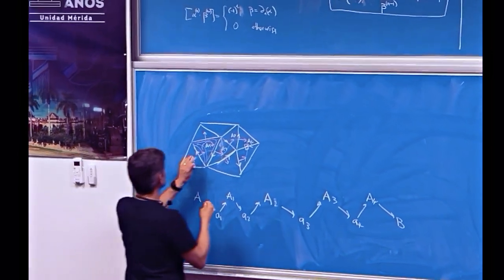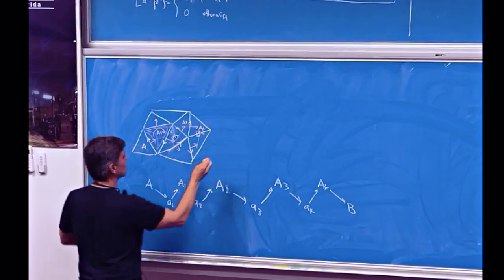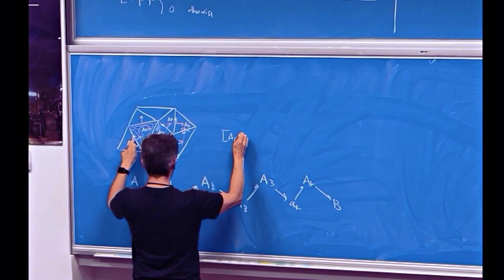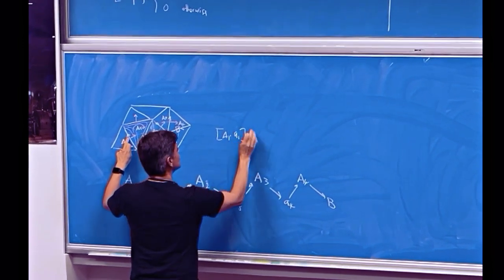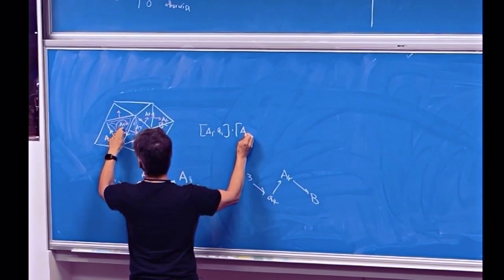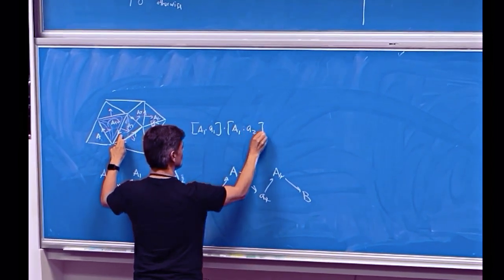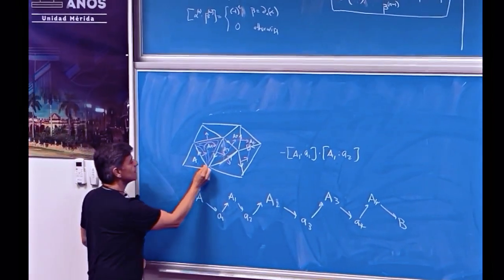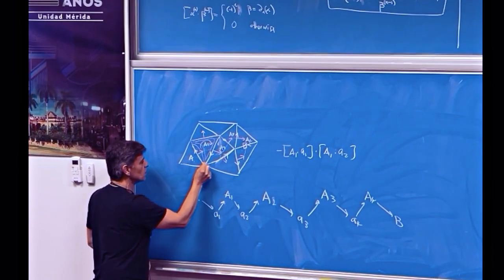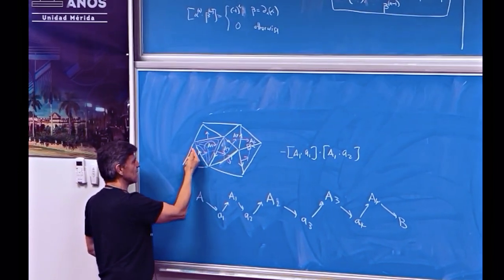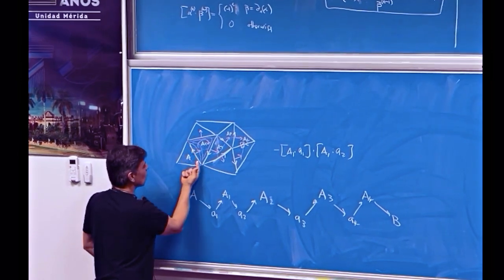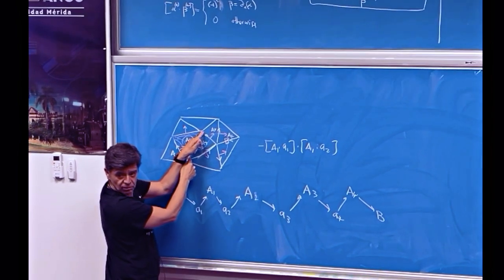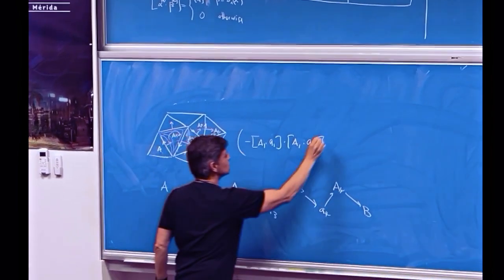So what that means is that the change in signs, whether they are compatible or not, is given by the incidence number of A1 into this edge, that is a1, times the incidence number of A1 into this edge, that is a2, with a negative sign. The negative sign comes from the fact that instead of continuing in this orientation, I am actually collapsing this and changing the original orientation to this new orientation. So I need to put this minus sign.